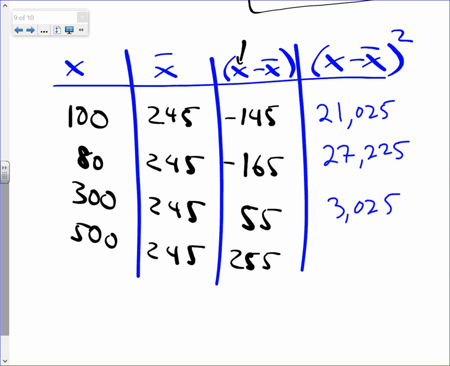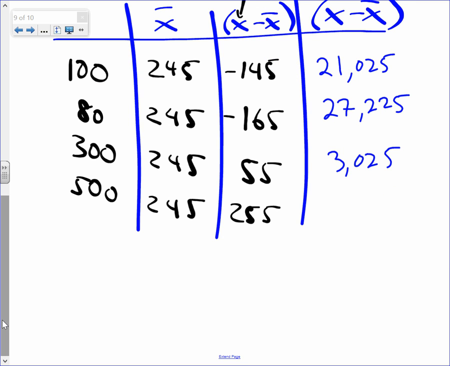So far, so good. 255 times 255 is 65,025. All right, there's step 3. We just squared the deviations. So far, so good. All it is is can you follow directions? Nothing high-level thinking here.